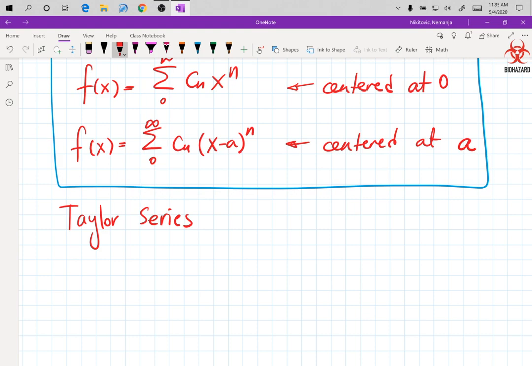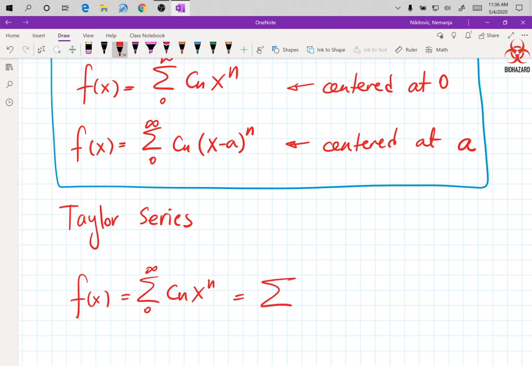So for the Taylor series, our f of x is still the basic definition, the sum of Cn times x to the n. That's the basic form for the power series. But this Cn is given by the nth derivative computed at a divided by n factorial. Oh, I forgot the sum again.